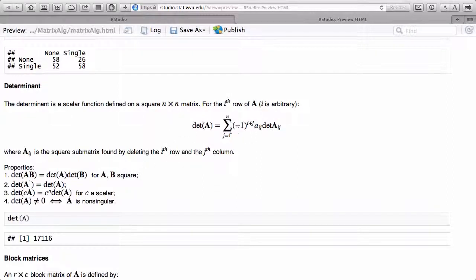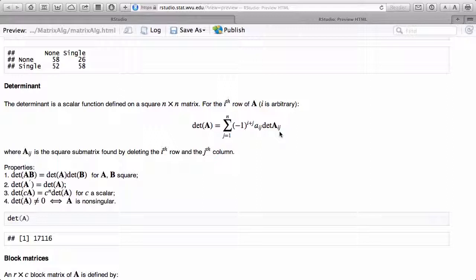Now, the determinant of A is the sum of minus 1 to the i plus j, where we're talking about row i and column j, times A sub i j times the determinant of capital A sub i j. Capital A sub i j is a submatrix found by deleting the ith row and jth column from the matrix.